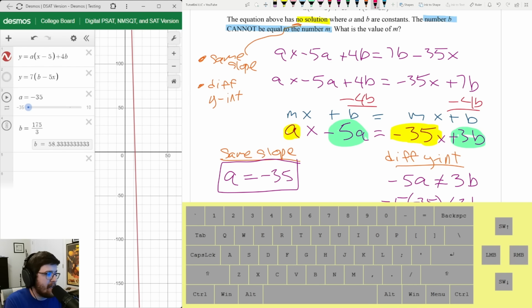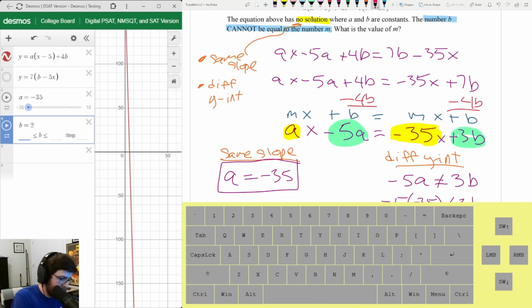Okay. So when we make b 175 over 3, it's not no solution. It's infinitely many. So let's see what happens when we make it be something else. So let me do like, I don't know, 2, and then I'm going to do like negative 100 to 100.